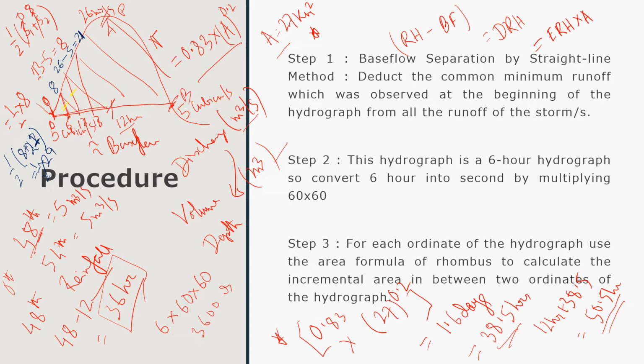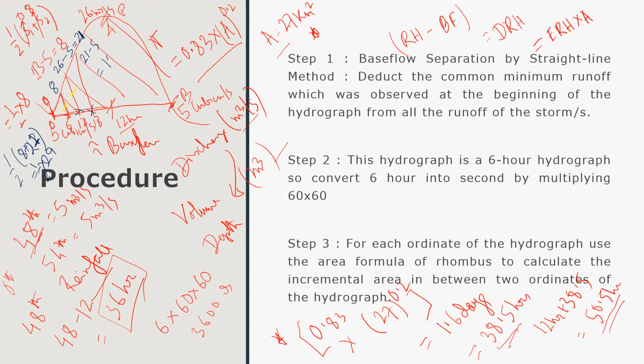Again you take the next case, 12th hour duration, discharge given was 26 cubic meter per second. You deduct minus 5, it becomes 21 cubic meter per second. Now the discharge given at 18th hour duration is 21. Now again you deduct minus 5 from it.